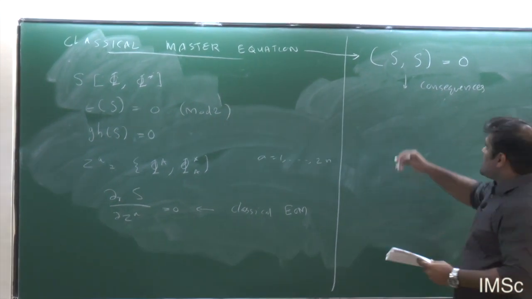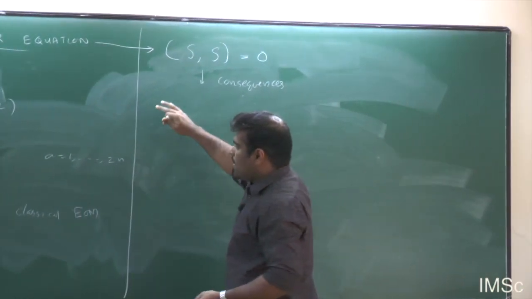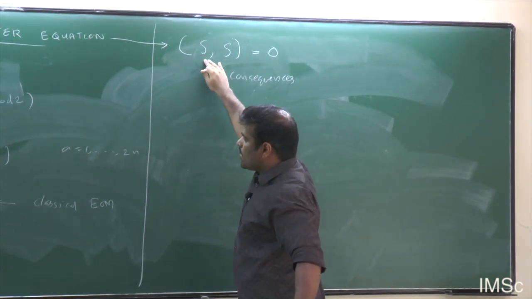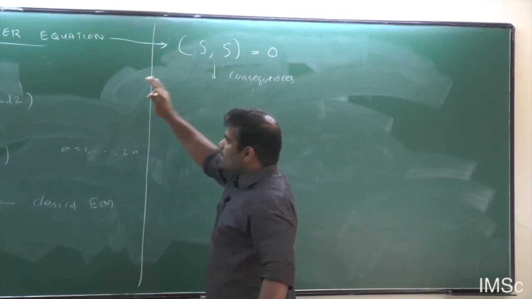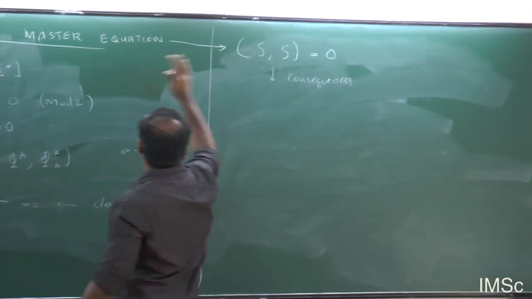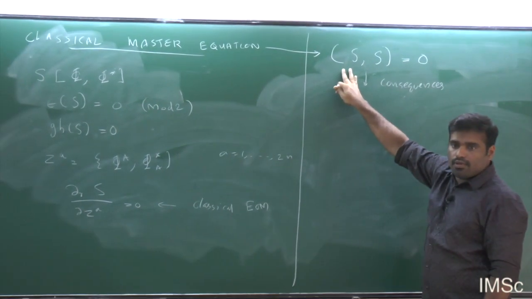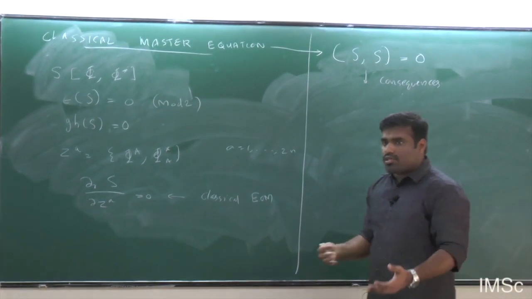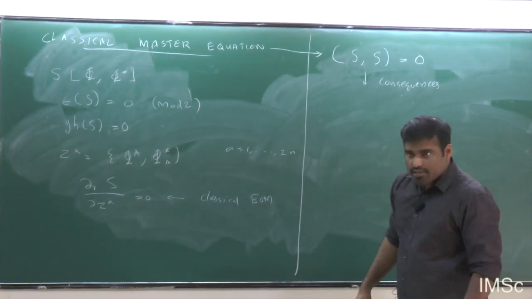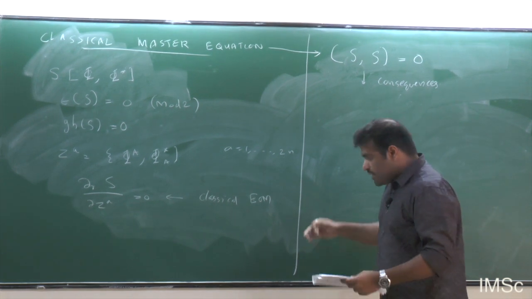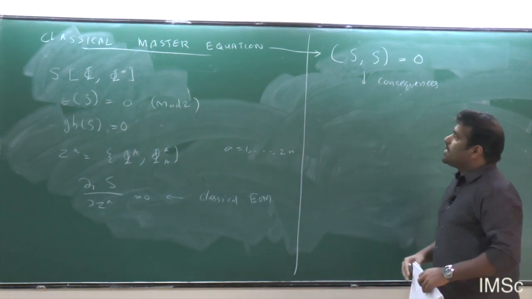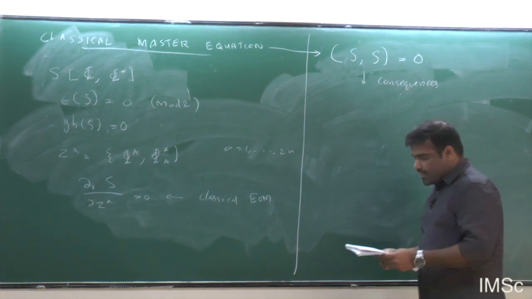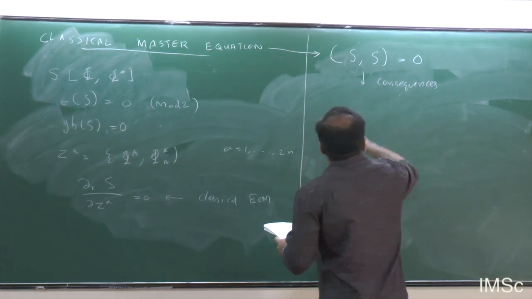We demand that the functional that we introduce satisfies this equation. You can have several solutions, and not all solutions are interesting for us. I will tell you precisely what condition a solution should satisfy in order to make any physical sense.